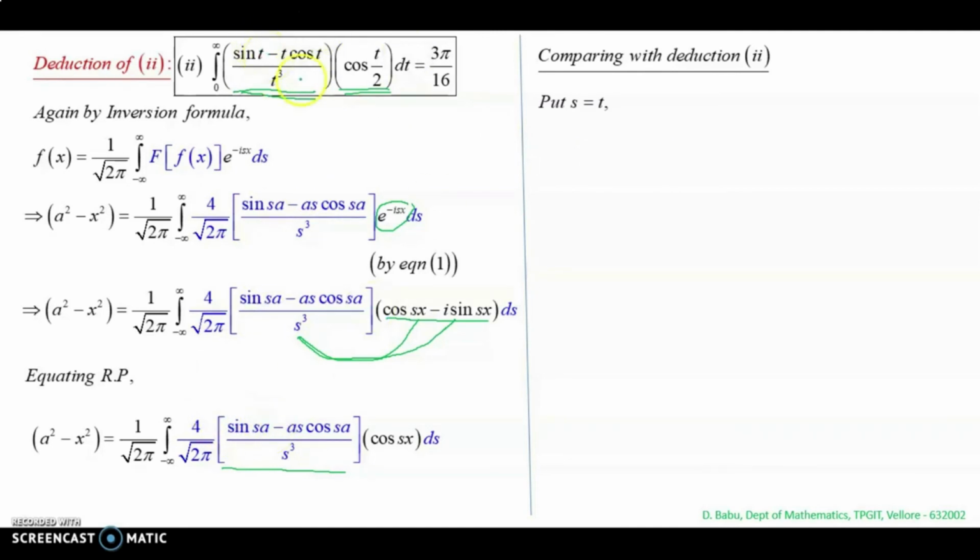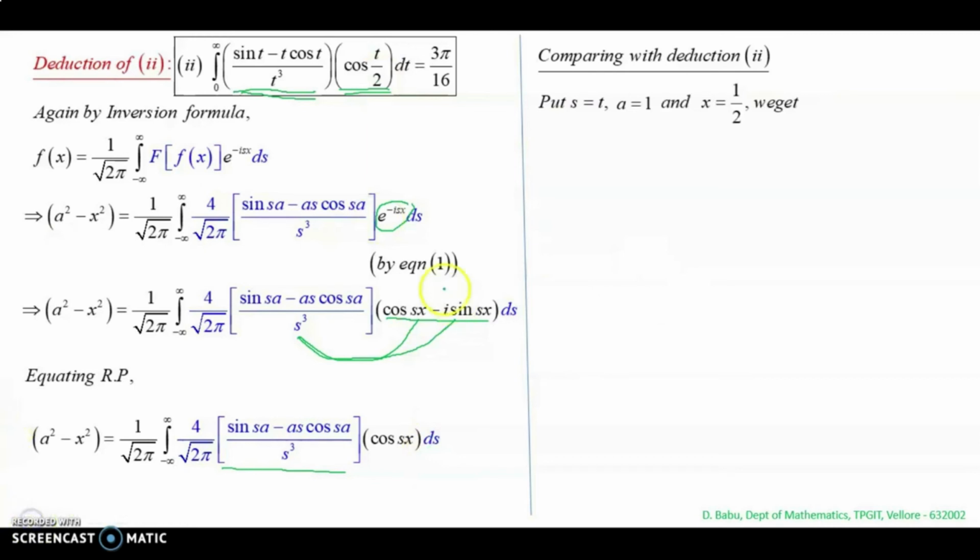Therefore we put a equal to 1. So sin t minus t cos t divided by t cube. Here it is cos sx; when s equal to t this is cos tx, and there it is cos t by 2. Therefore, we have to substitute x equal to 1 by 2.